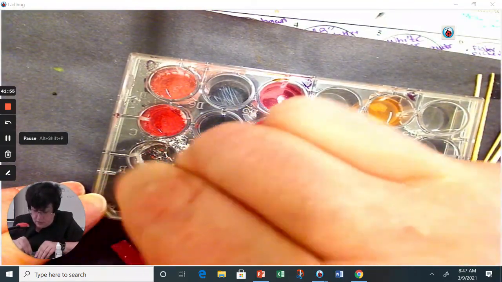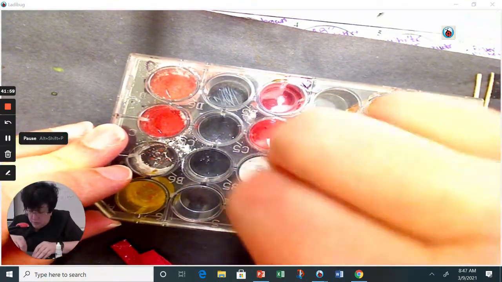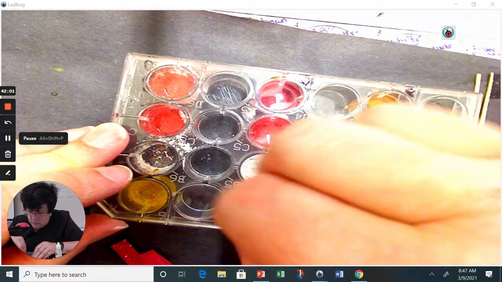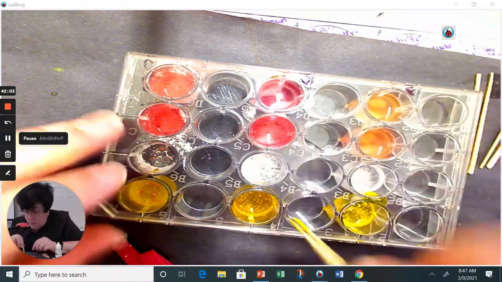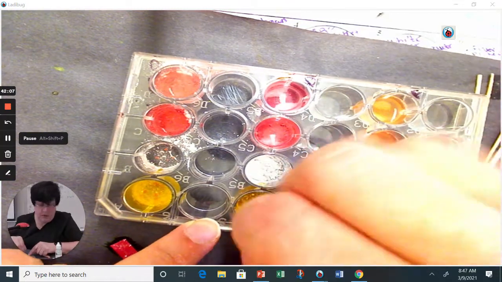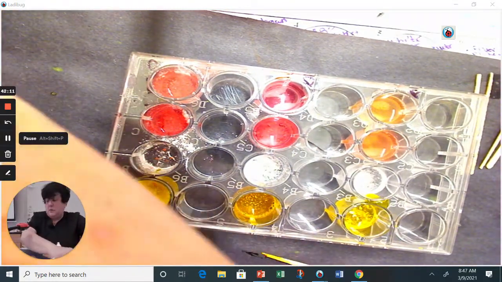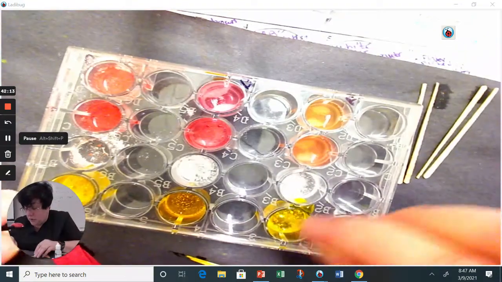C's definitely not reacting. It's staying yellow. Let's see what happens once I stir this up. That's kind of starting to turn brown. I might not have enough material in it, so I may add a little material to that. Let me not contaminate. Let's get some more of these. Oops, sorry.